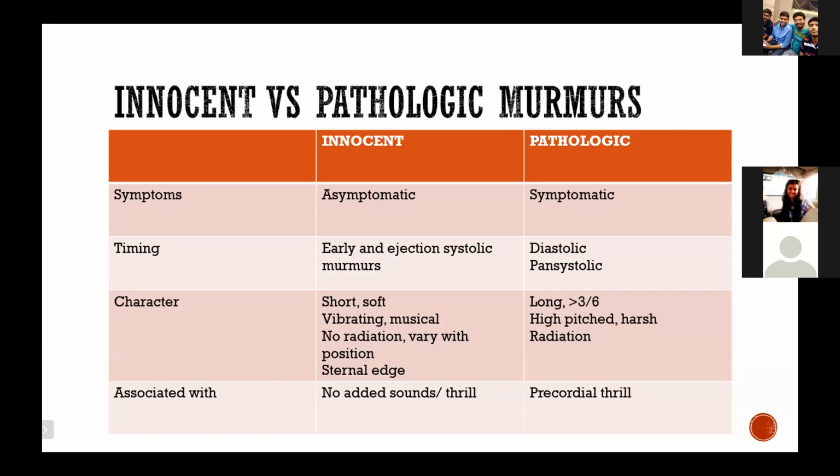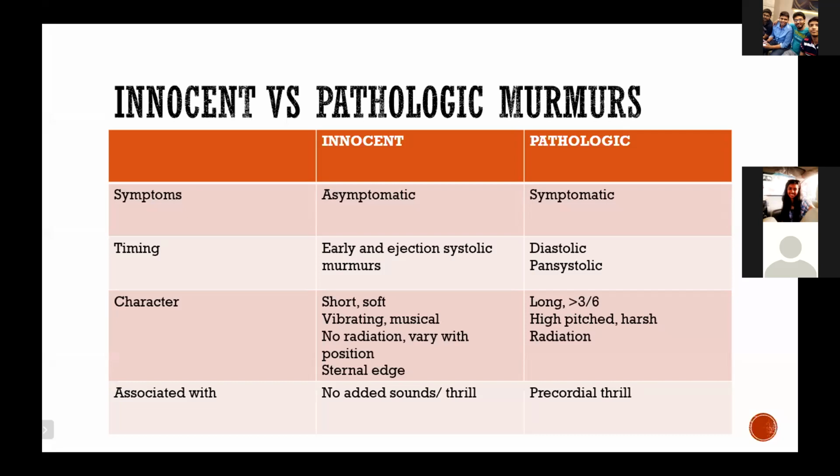However, whenever you see an early systolic murmur or an ejection systolic murmur, also known as a mid diastolic murmur, that's when the question arises, because there are certain conditions where such murmurs are set up even without any underlying cardiac abnormality. So whenever you hear an early systolic or ejection systolic murmur, there are a few other things you need to look into before you decide on further cardiac evaluation.